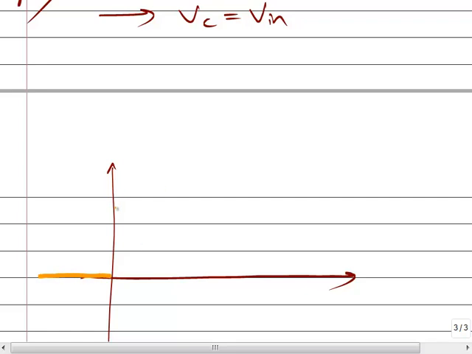I expect this shape, or let me, okay, I have applied some voltage V in, and I expect VC like that. This is VC. Okay, this is my expectation.